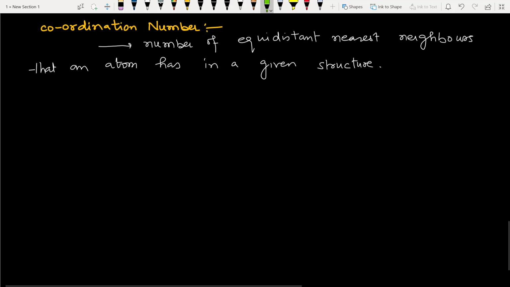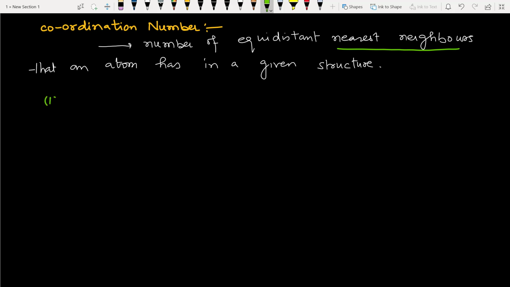It is the number of nearest neighbors to a given atom. So now we will try to calculate the coordination number for the three lattices.